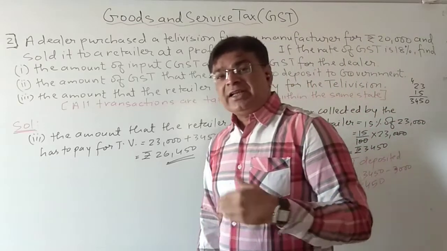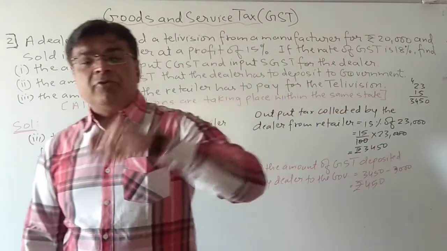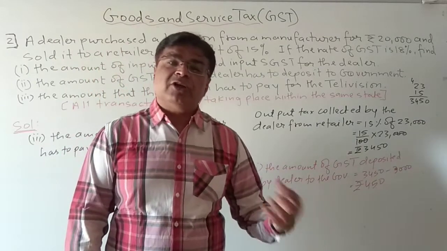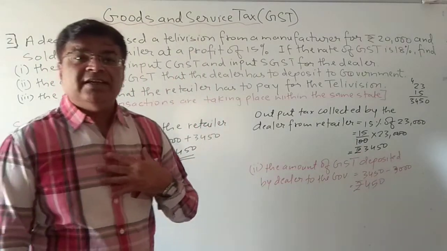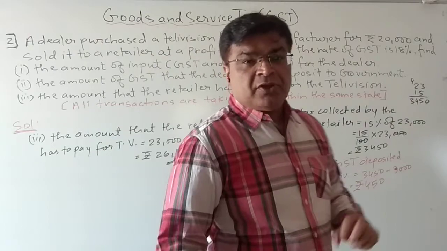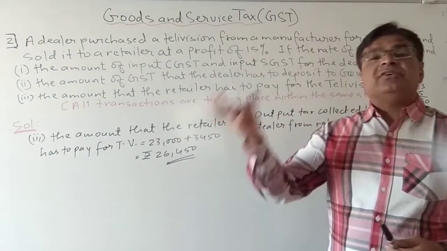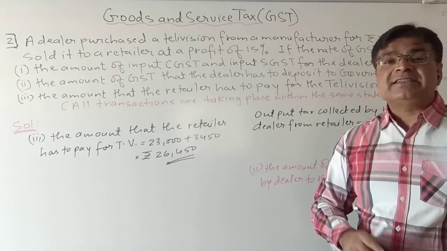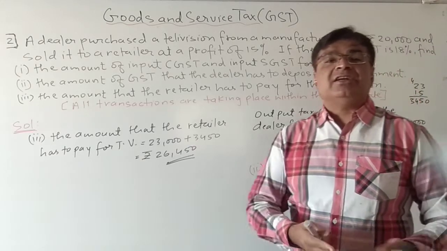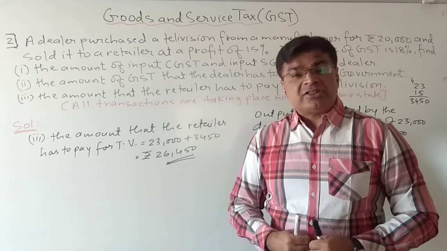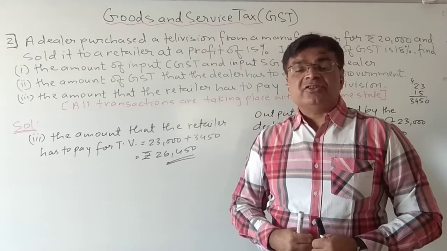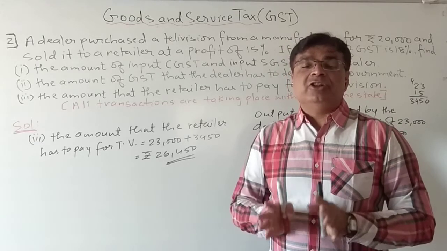Whatever tax they are paying, they are collecting from the other person. Whatever tax the manufacturer has paid, is collected from the dealer. Whatever tax the dealer has paid, is collected from the retailer. And whatever tax the retailer has paid to the government, is collected from the customer. So you can see finally the customer is paying all the tax.